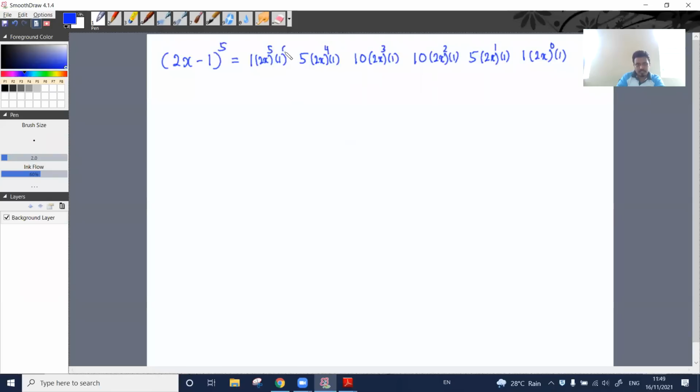With respect to the second term, we are starting with 0: 1, 2, 3, 4, 5.